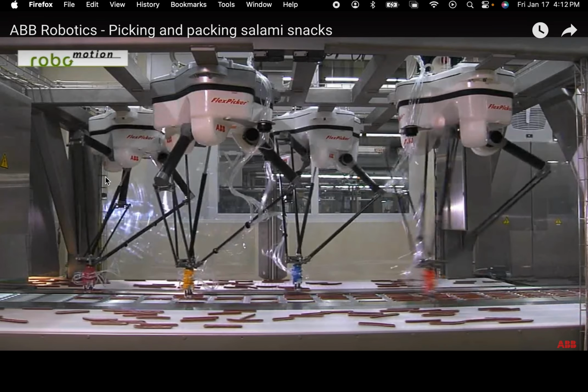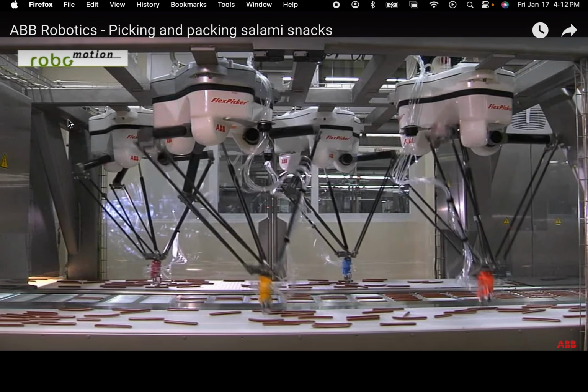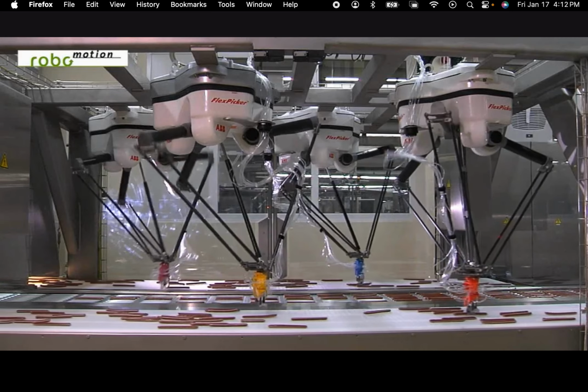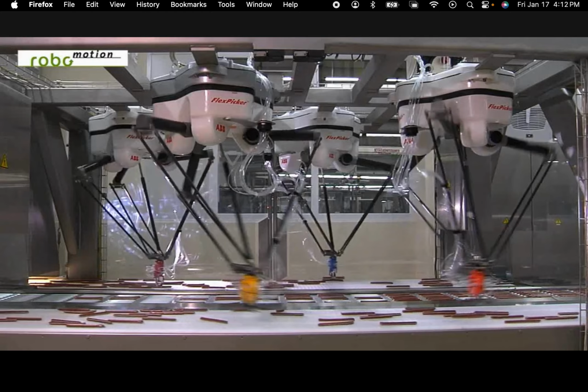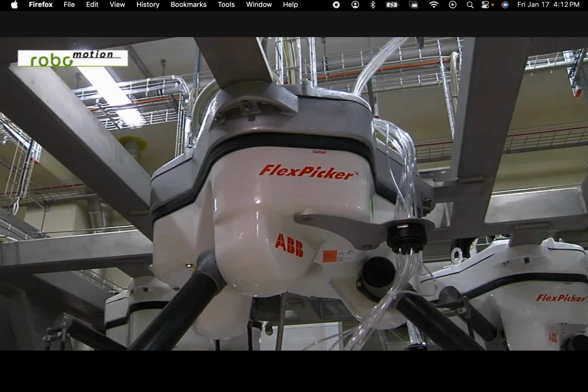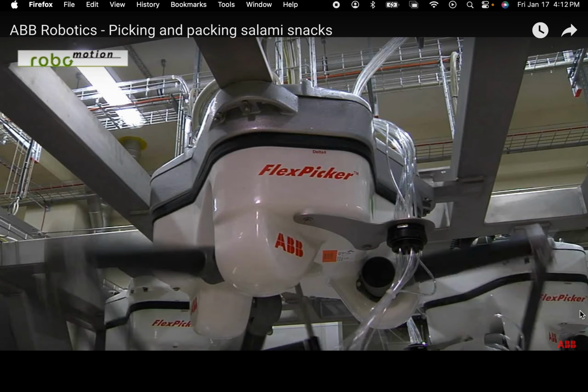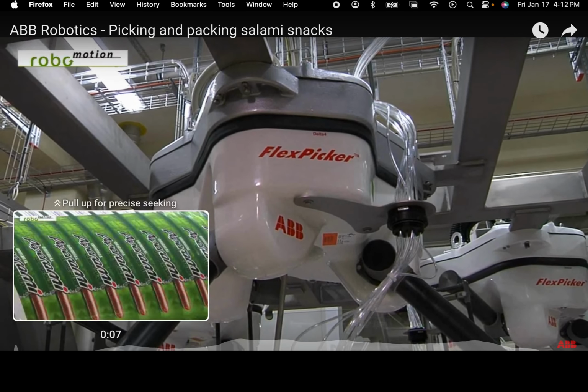You've got these robots that are precisely timed with the conveyor. And of course you need oscillators to do that precise timing so everything's coordinated. All right, let's shut that down.